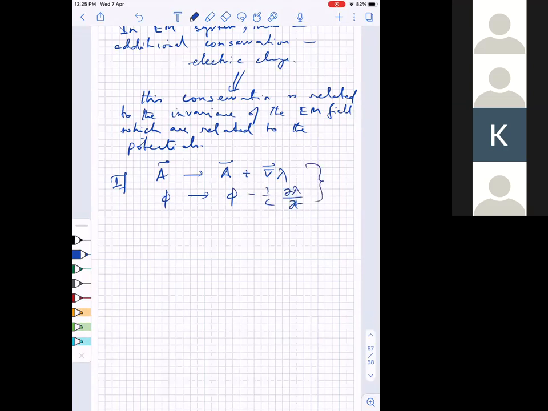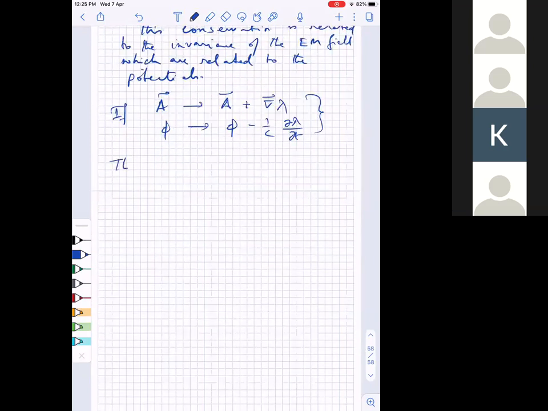If these two things happen at the same time, then my fields, where E is given by minus 1 by c del A del t minus grad phi, and B is curl of A, these remain unchanged.